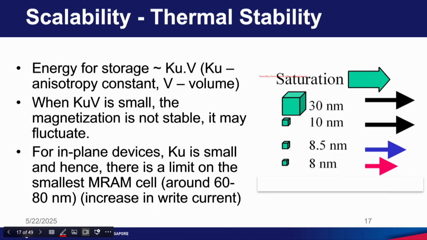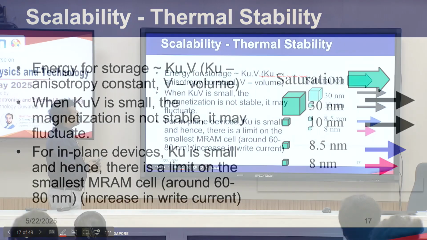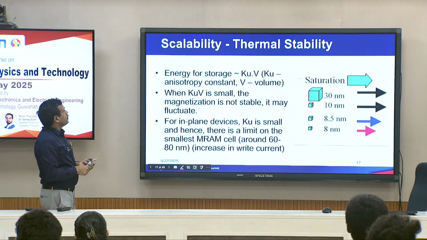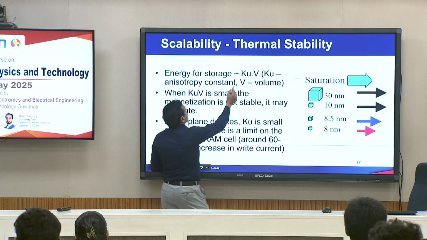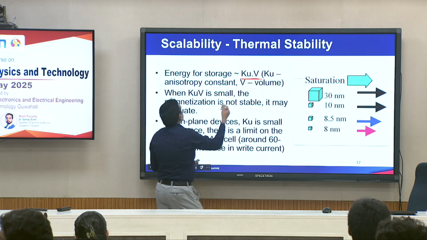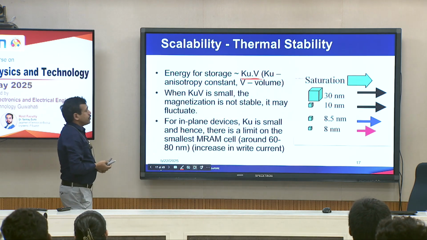Okay. Then the second concept that we need to learn about the in plane MRAM is the thermal stability. Okay. So, a few days ago I taught you this thermal stability concept. So, we learned that KUV is the anisotropy energy that stabilizes the magnetization.